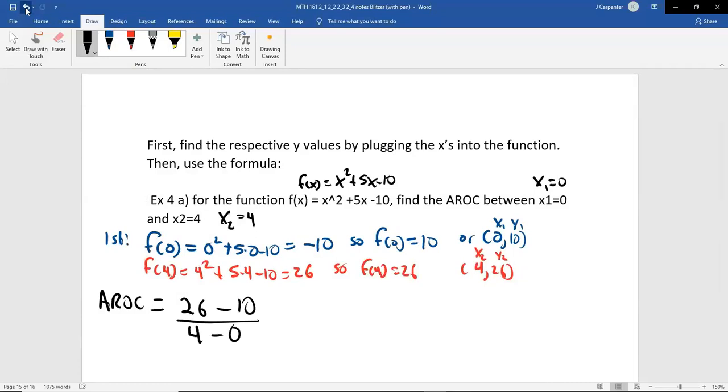Put the second minus the first, or the first minus the second. As long as you're consistent, it won't matter. 26 minus 10 is 16. 4 minus 0 is 4. 16 divided by 4 is 4. That says the average slope from x equals 0 to x equals 4 is 4.